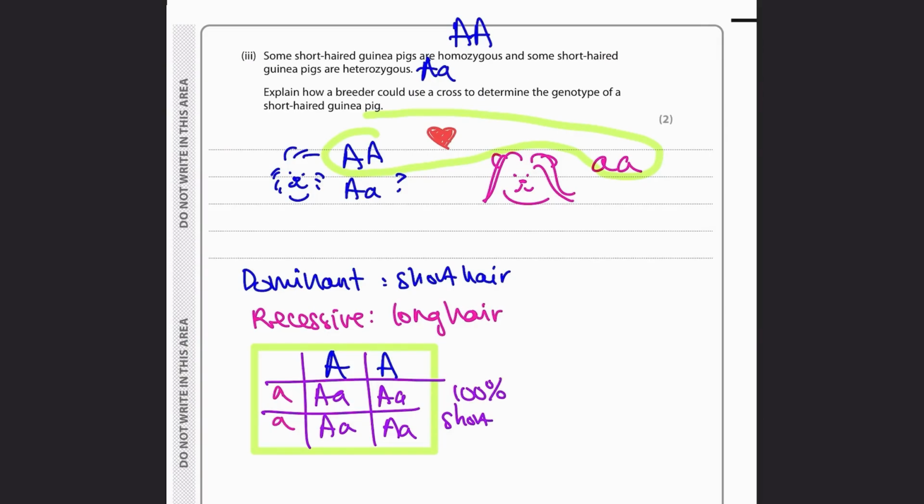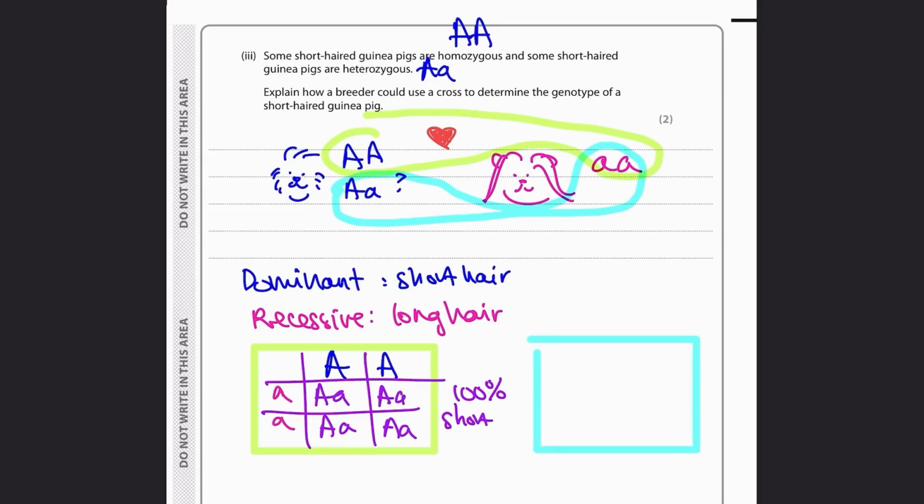Now I'm going to try a different option, which is the blue option. What happens then? Let's draw those out as well. So now one of them is big A, small a instead of big A, big A, and I'm still mating it with this pink small a.